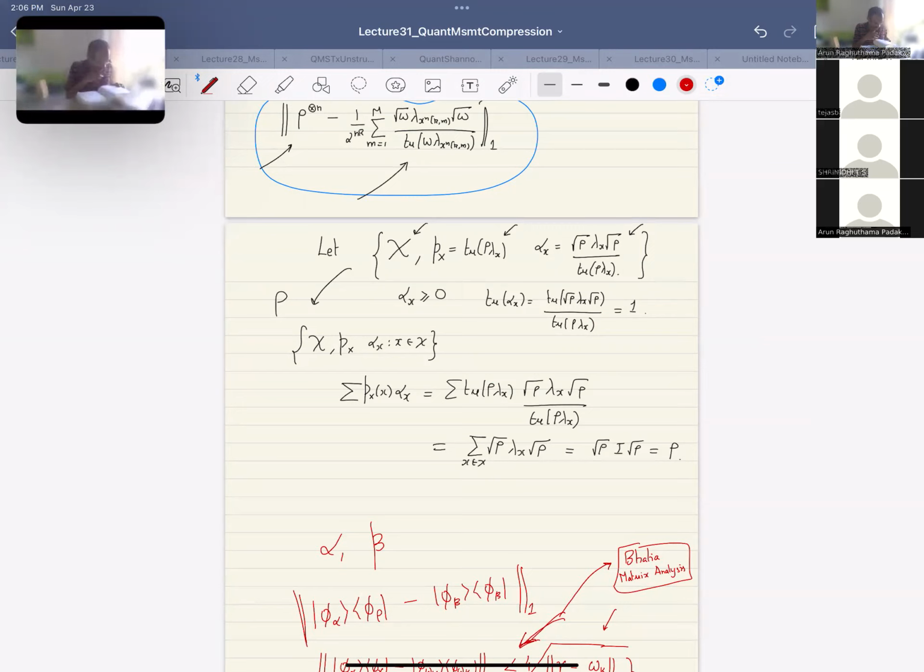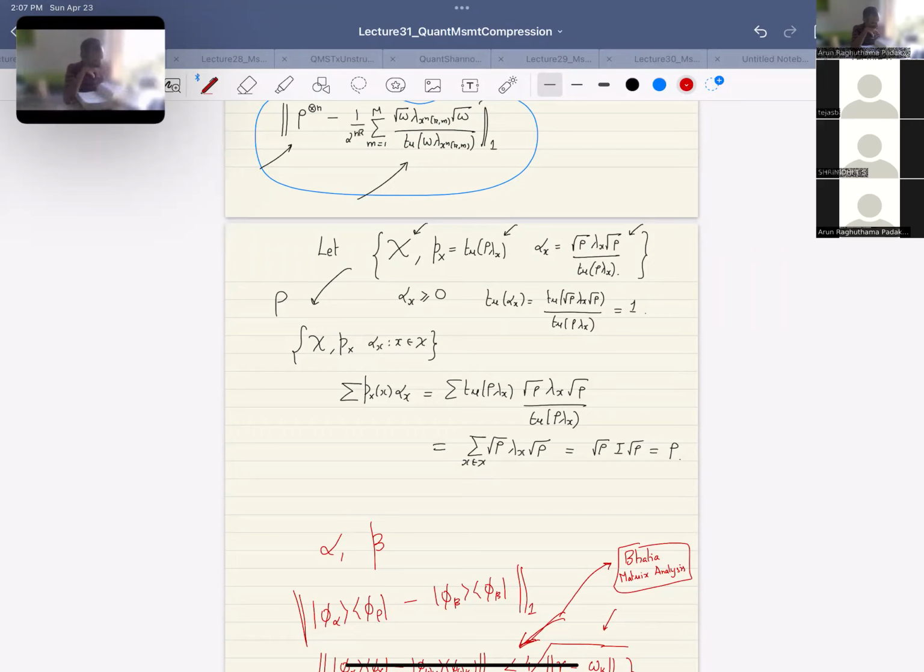Everything till distance measures, purifications, CPTP maps, Schmidt decomposition, entanglement. I don't think I will have teleportation. I might not have teleportation and super dense coding. Not difficult, but I don't think I'll have it. I will specify this.